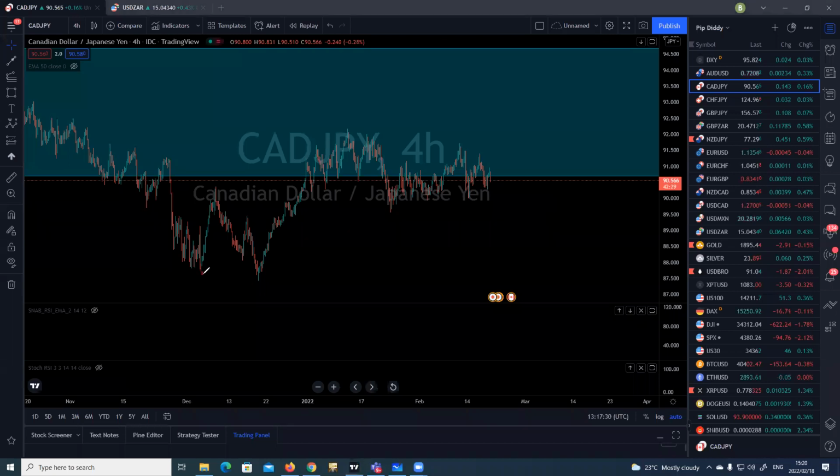Now, this is the end of that expanding flat that we just spoke about, right? Let me use yellow subminute degree. 1, 2, 3, those 3 waves are clear now on the 4-hourly chart. The market seems to have given us 1, 2, 3 coming down, and then another 1, 2, 3 going up.